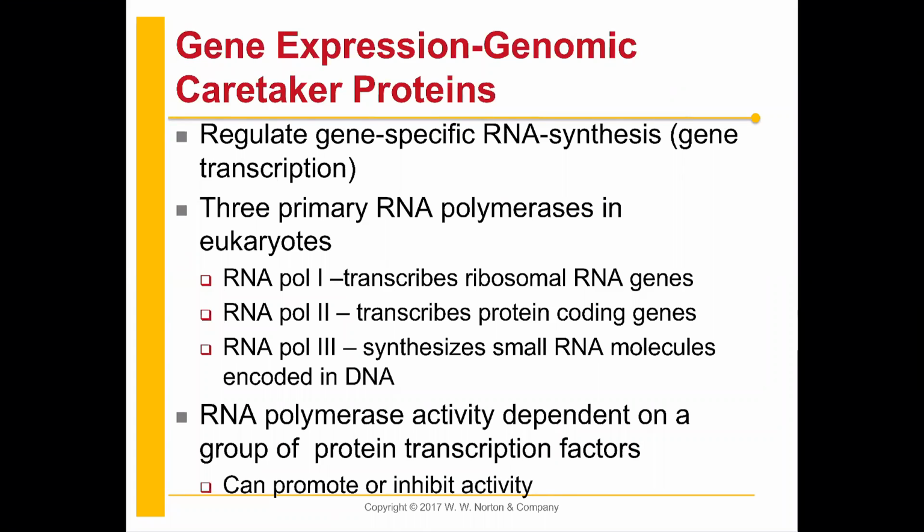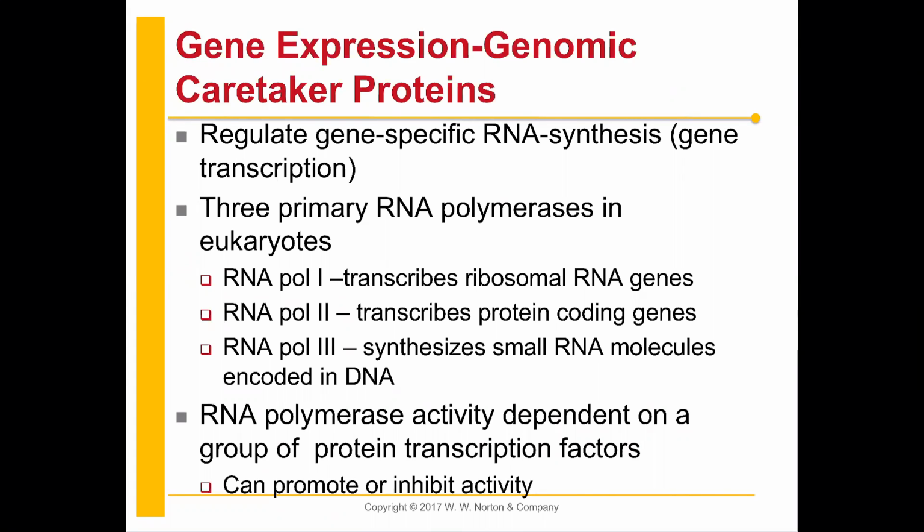RNA polymerase 2, on the other hand, specifically transcribes protein coding genes, so genes that will turn into actual proteins. Then you have RNA polymerase 3, which is going to synthesize all of our really small, weird RNA molecules like microRNAs and things like that. Our RNA polymerase activity of any of these 3 is going to be dependent on transcription factors that are assembled onto the DNA.